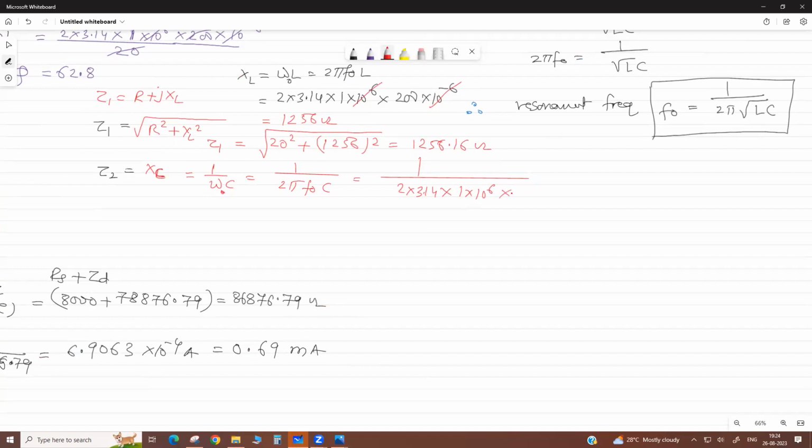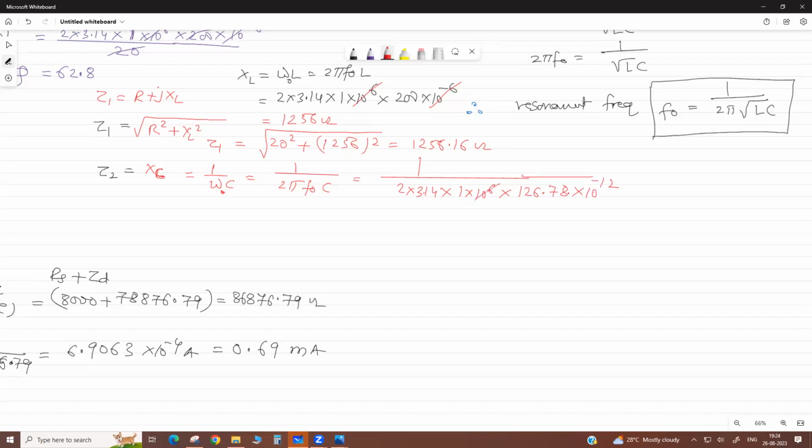C is... what is the value of capacitance? Picofarad, na? How much? 126.78, na? Into 10 raised to power minus 12.